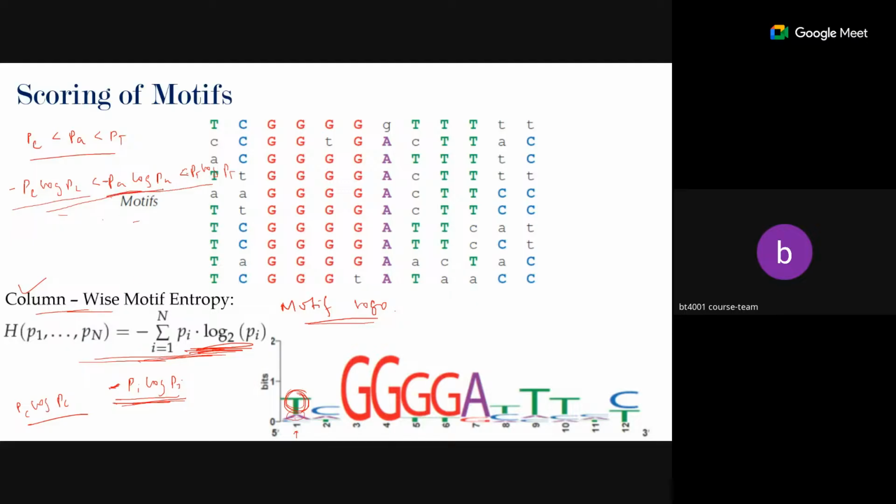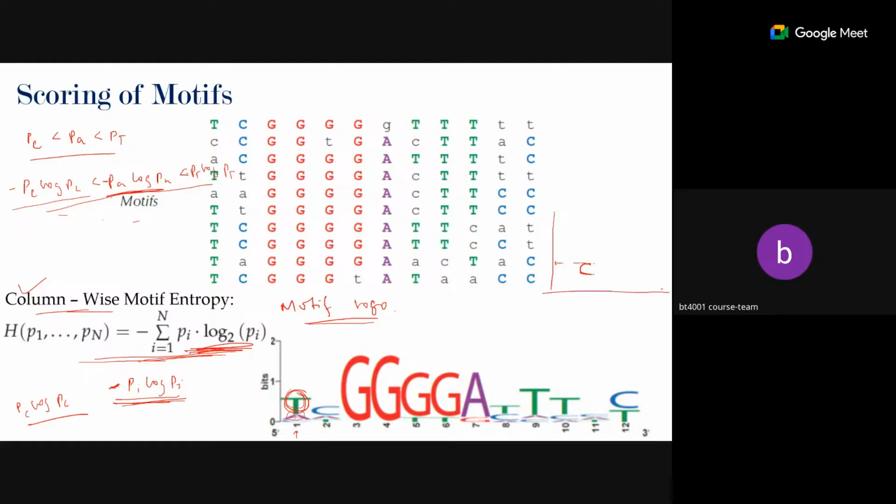Then we have the negative of p_A times log of p_A. Whatever the height of C is, we will plot the next height from there. So we have C over here. Let's say the negative of p_C log p_C, the entropy for the nucleotide C, comes to this particular position.